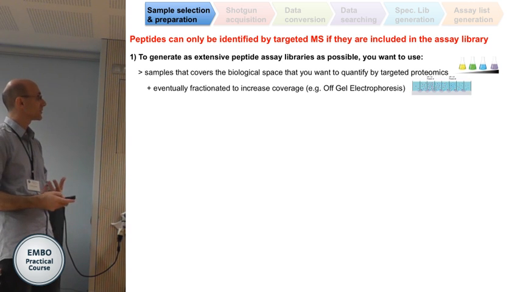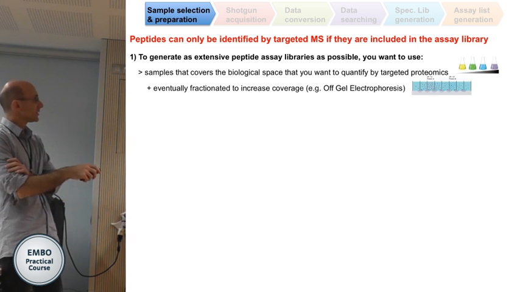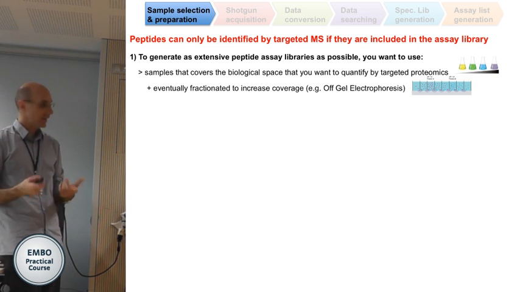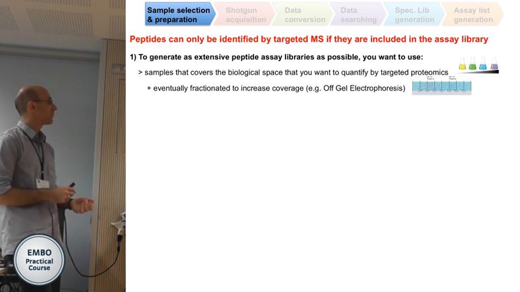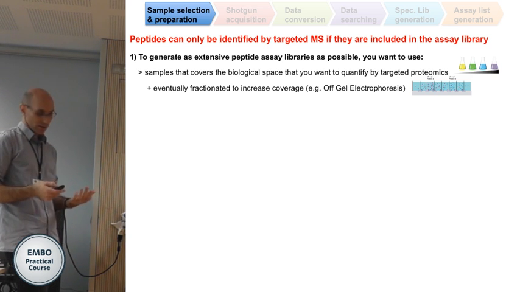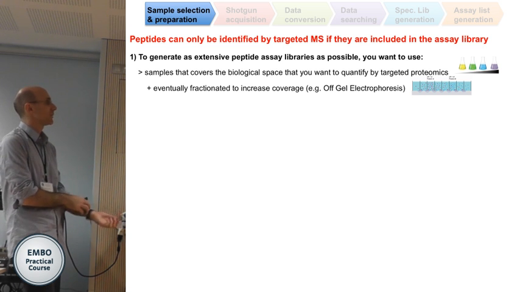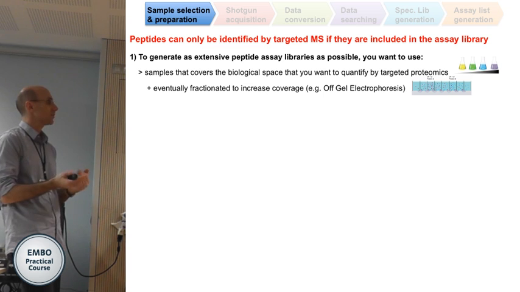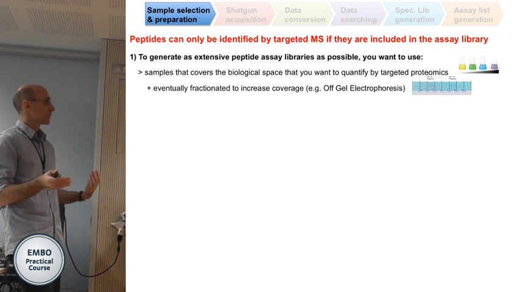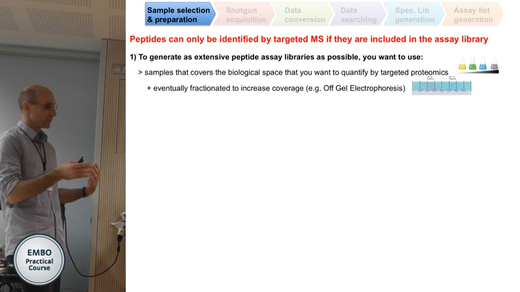In addition to that, you might also want to fractionate your samples when you generate your library in order to make libraries as extensive as possible. One fractionation that we have used extensively in our lab, just as an example, is off-gel electrophoresis, where you fractionate the peptides by isoelectric focusing, by isoelectric points.